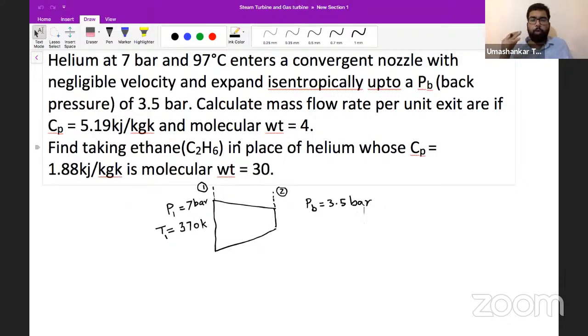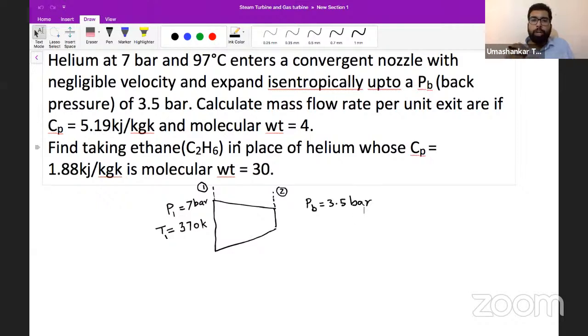See the procedure of how we are going to solve this question. You can apply this procedure in many similar questions, and with this question all your concepts will be crystal clear. Firstly we have to check whether our convergent nozzle can reduce the pressure from 7 bar to 3.5 bar.